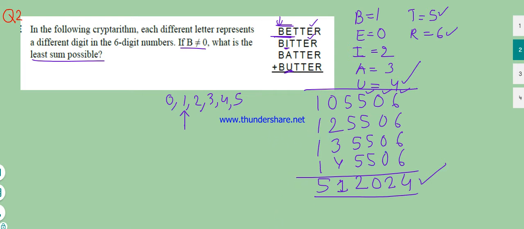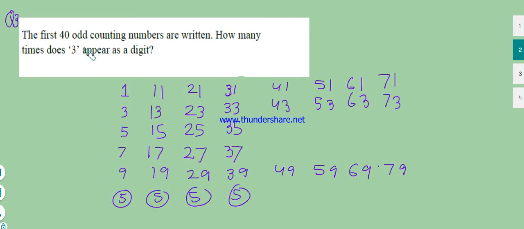Now moving to the next question. The next question, question 3, says that the first 40 odd counting numbers are written. How many times does 3 appear as a digit? Now this can be written and then assessed and counted. That is one possibility.